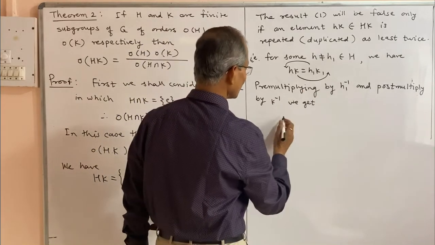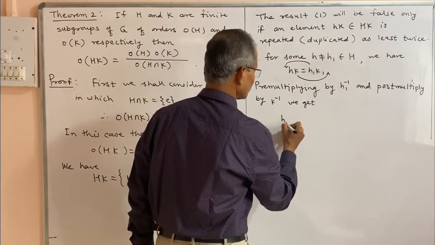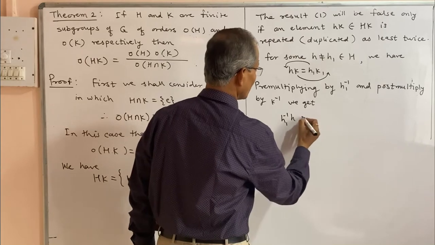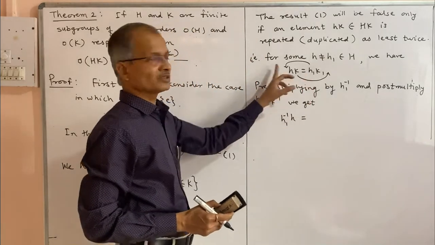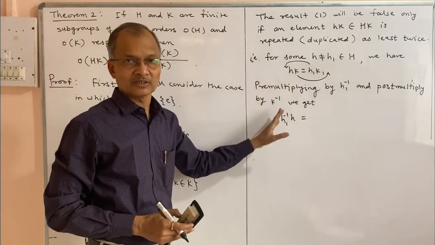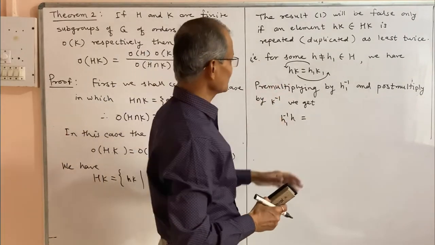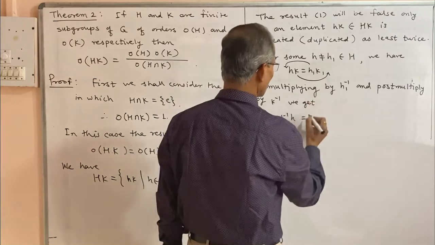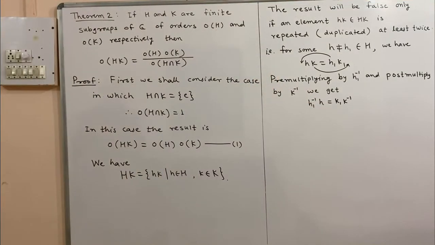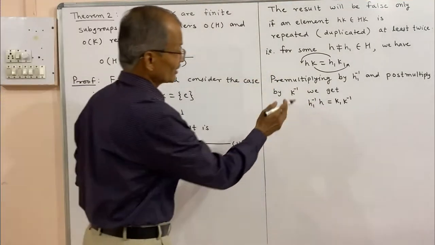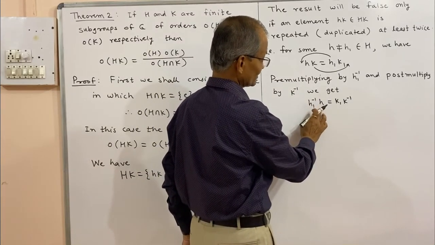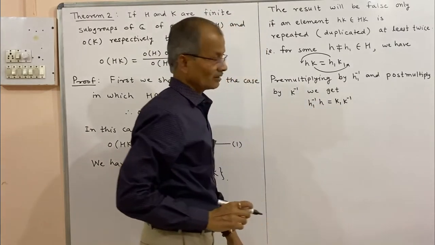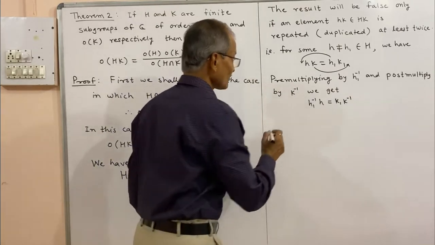So h1 inverse will appear here: h1 inverse into h is equal to h1 inverse into h. If an element is shifted to the other side, it becomes its inverse. So h1 inverse into h, and the right side is k1. Shifting these elements to either side, we get h1 inverse h is equal to k1 into k inverse.